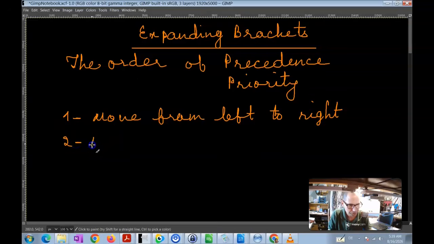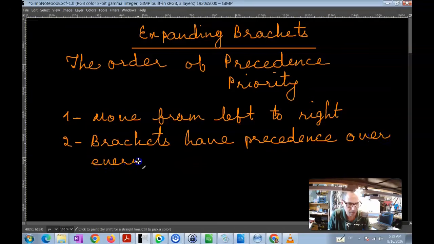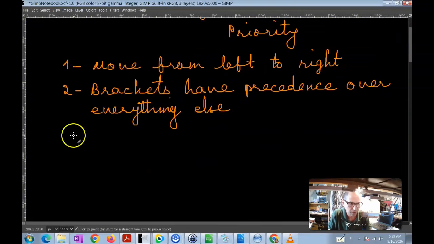Number 2, brackets have precedence or priority over everything else, meaning over subtraction, multiplication, division and addition.